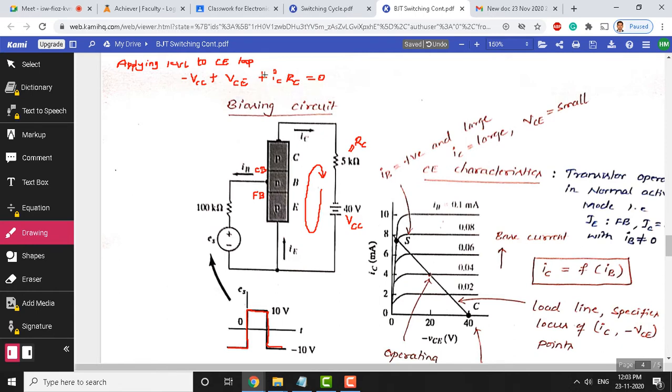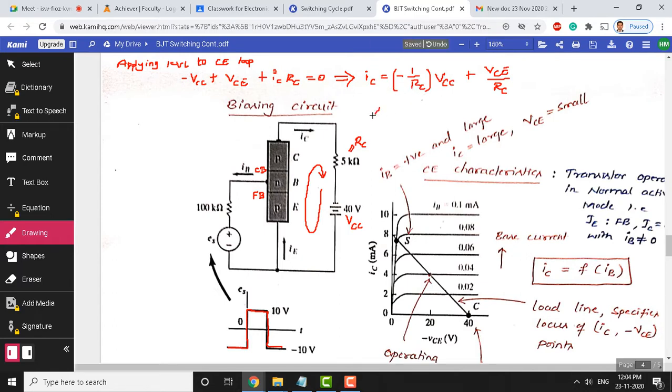When you write this, this implies IC is equal to minus 1 by RC times VCE plus VCC by RC. After simplification you get this, which is a standard form of equation.